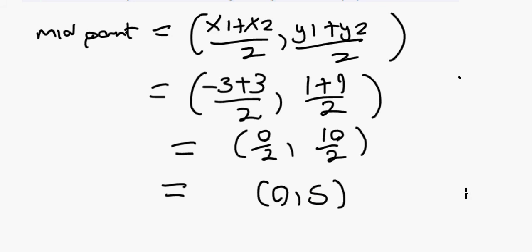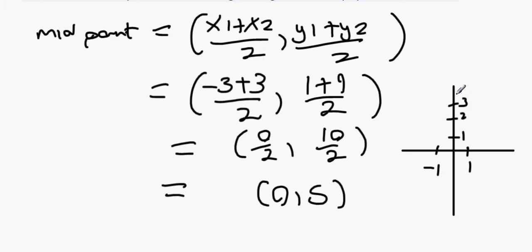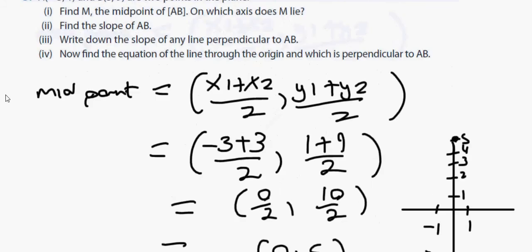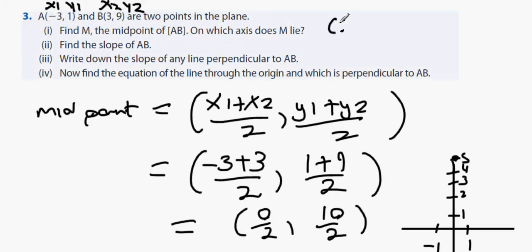On the xy plane, the x value is 0, which means it's here. So you can say 0, and then it's 0, 5: 1, 2, 3, 4, 5. So it's up here. Okay, so it's on the y-axis.